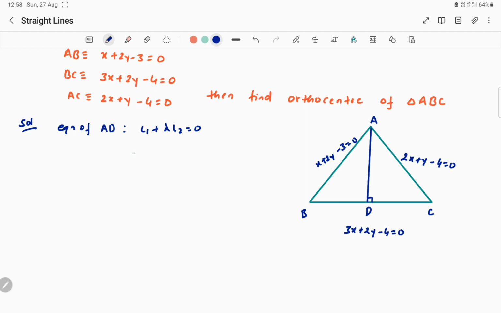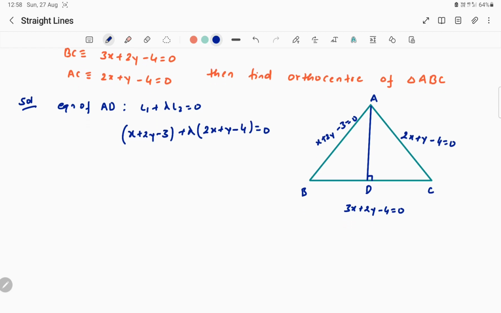So what we got here: x plus 2y minus 3 plus lambda times L2, which is 2x plus y minus 4, equal to 0. So when you simplify this quickly, the x coefficient is 1 plus 2 lambda, y is 2 plus lambda times y, and minus 3 minus 4 lambda equal to 0. So this is the equation.